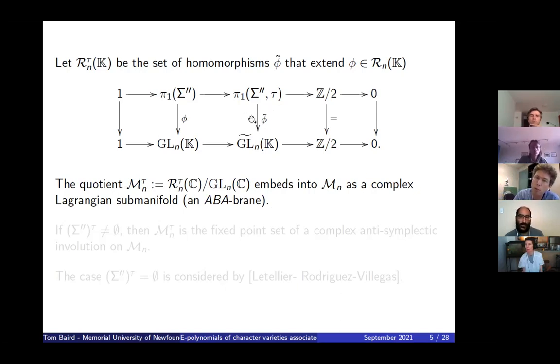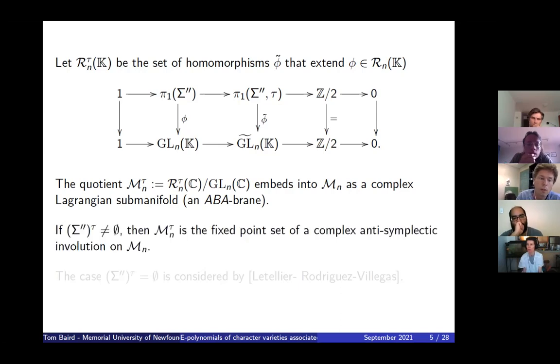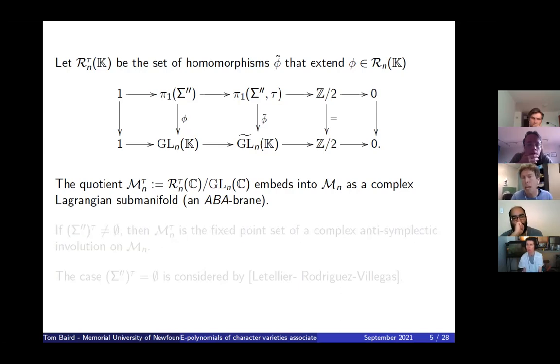If you take one of these homomorphisms, you just forget this extension and pass to phi. And that determines an embedding of this character variety into the original character variety. And it embeds as a complex Lagrangian submanifold. Okay, so it's a complex subvariety, and it's a Lagrangian submanifold with respect to this holomorphic symplectic structure. And this is called an ABA brane in the language of Kapustin and Witten. Okay, but I'm not really going to talk much about that.